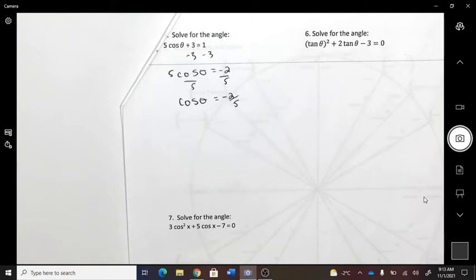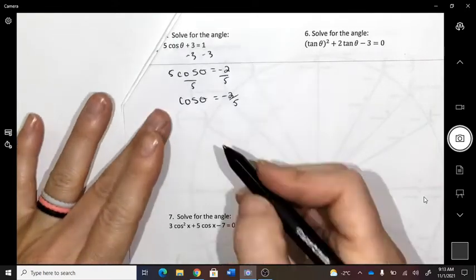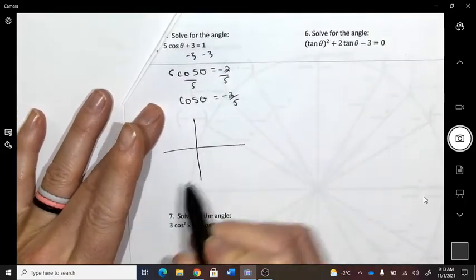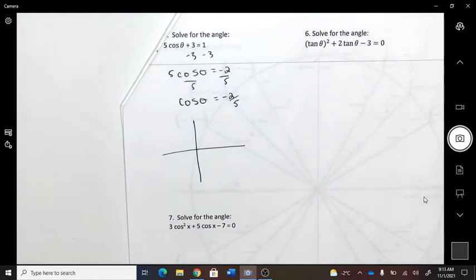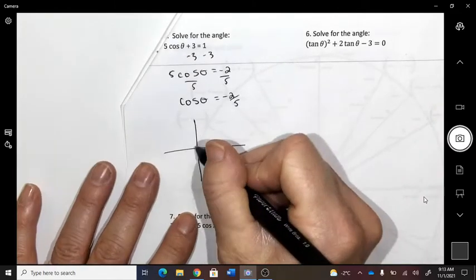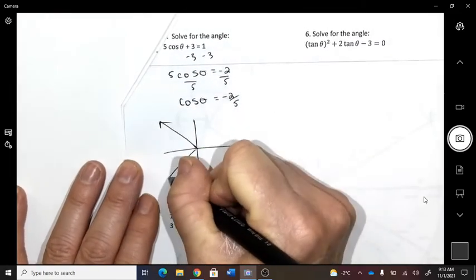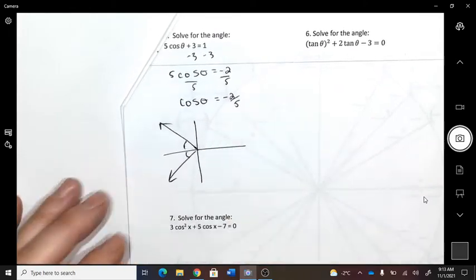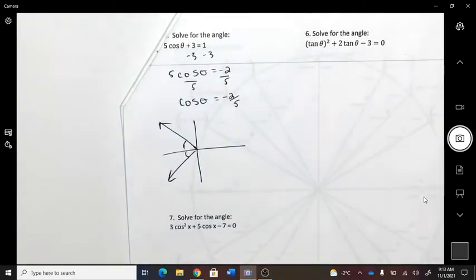Is that good? Okay, now I'm going into the angle mode because this is just the trig value. So where am I located? That's your first work. So cos negative in quadrants... Okay, so I picked the left-hand side of the graph.